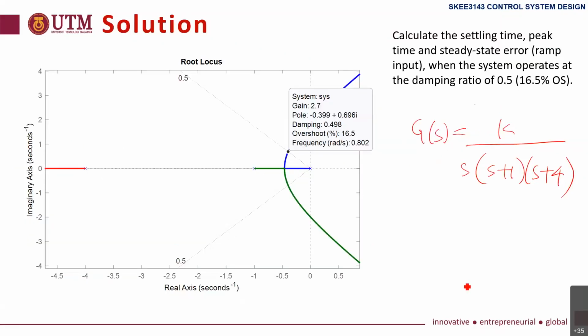There are 3 poles. We can see here, this is a third order system. That means there are 3 poles. When we do the zeta line, we get a pole here. This is the closed loop pole to obtain damping ratio 0.5.